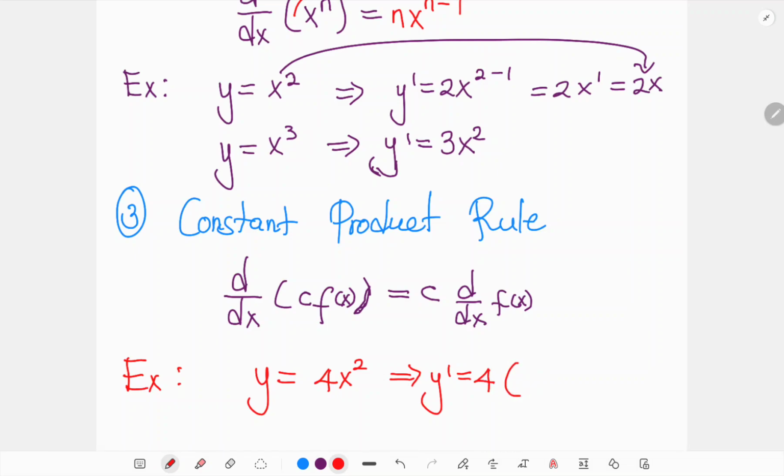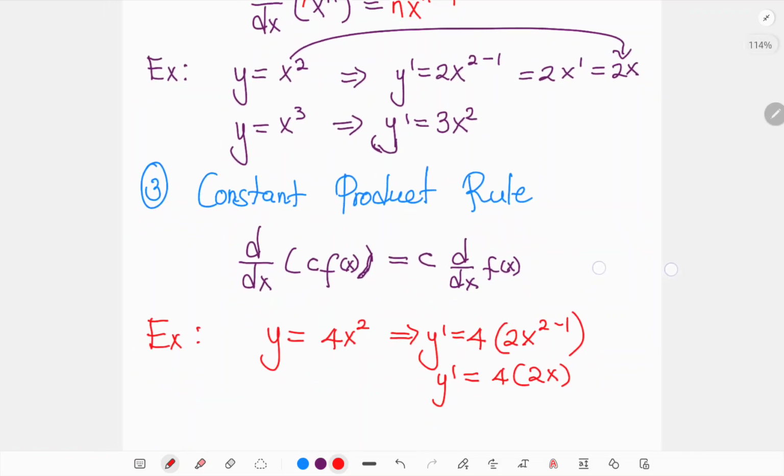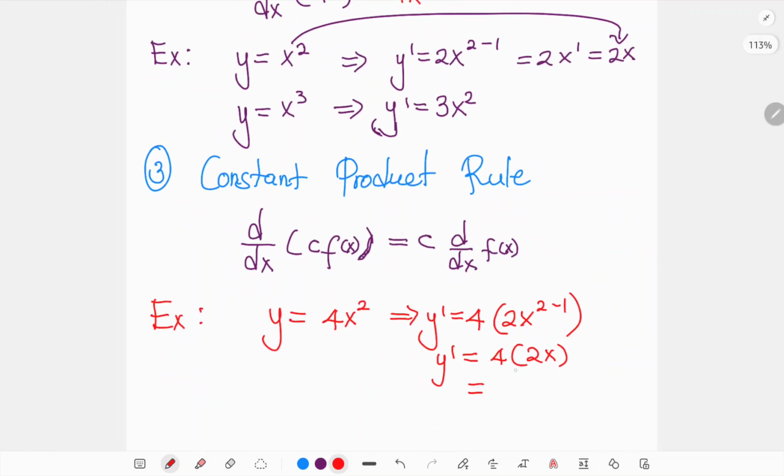How do we derive the x squared? We use the power rule. We take the 2 down, and then you have x to the power 2 minus 1. Remember the power rule. This is just 2x, and the 4 and the 2 multiply each other, so you have 8x. That's our y prime in this case.